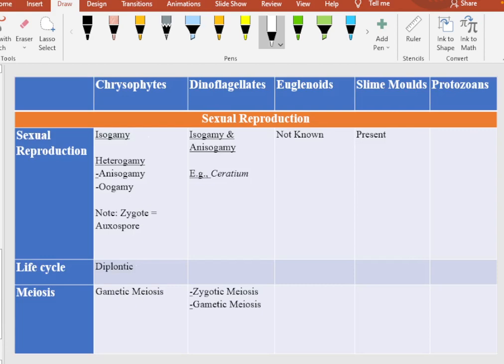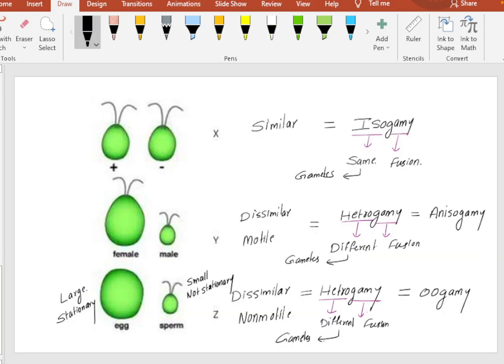Now sexual reproduction, you just see. In the sexual reproduction in Protista, there is isogamy and heterogamy. You know what isogamy is. Isogamy means similar: fusion of the same gametes is called isogamy. Heterogamy is of two types, anisogamy and oogamy. What is the difference here?